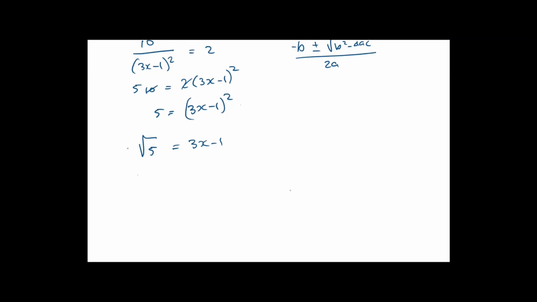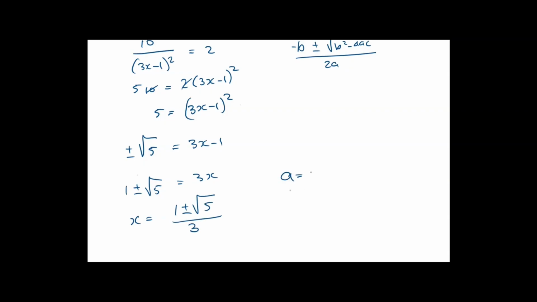I should actually say this is going to be plus minus the square root of 5. Let's add 1 to both sides. So 1 plus minus the square root of 5 equals 3x, and this is looking really good. Then we divide both sides by 3, and we're left with 1 plus minus the square root of 5 over 3.